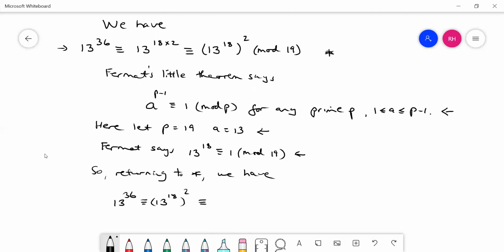And now 13 to the power of 18 is just 1. So I'll write in 1 squared, and 1 squared is just 1, modulo 19. So this is saying if we take 13 to the power of 36 and divide by 19, we end up with a remainder of 1.